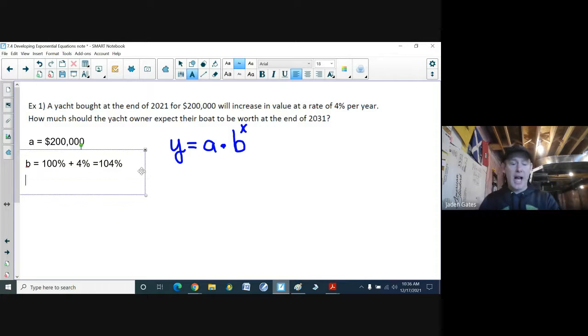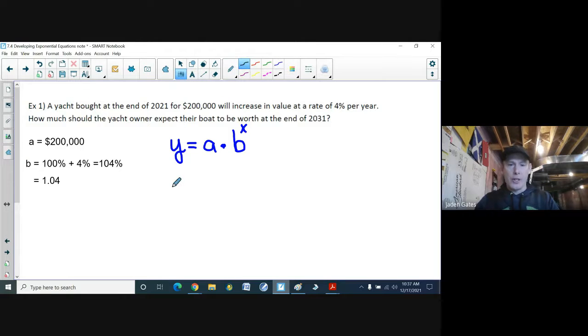Now, back to last unit, percent is useless to us in calculations. You've got to convert it to a decimal. So to convert a percent to a decimal, we divide by 100%. And so if I take 104% and divide it by 100%, I get 1.04.